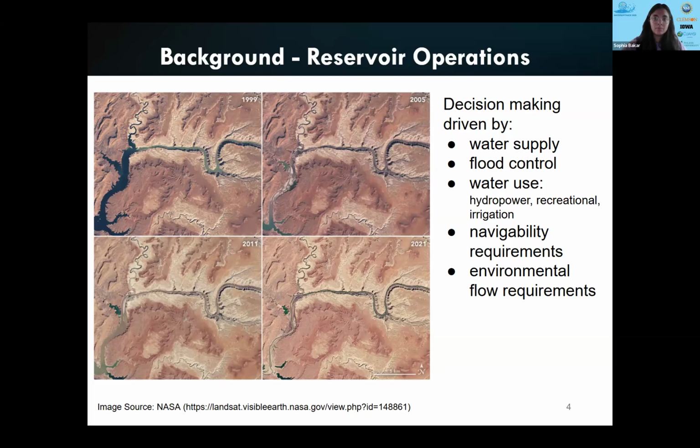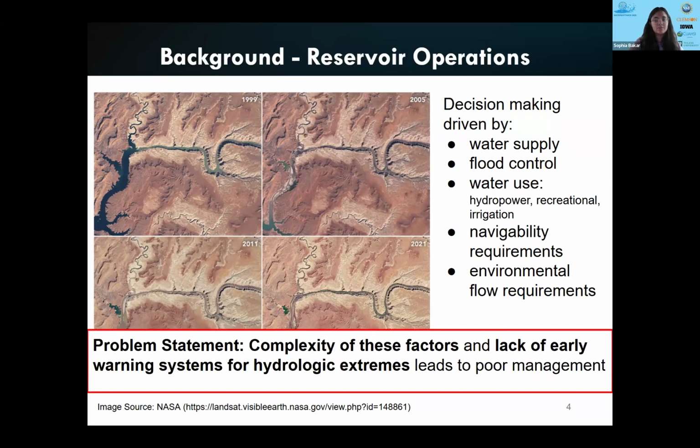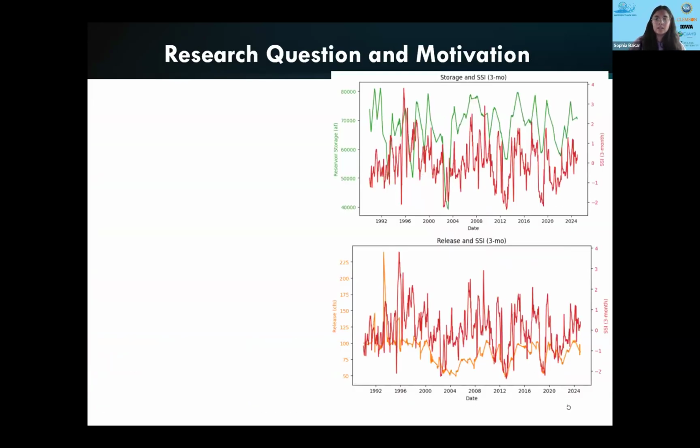And so the problem statement that motivates our project is really that the complexity of the anthropogenic factors that drive decision-making for reservoirs, combined with a lack of early warning systems for hydrologic extremes like drought, leads to poor management of these reservoirs. And so I'd like to highlight one of the reservoirs in our study area and show an example of what we're trying to inform in this project.